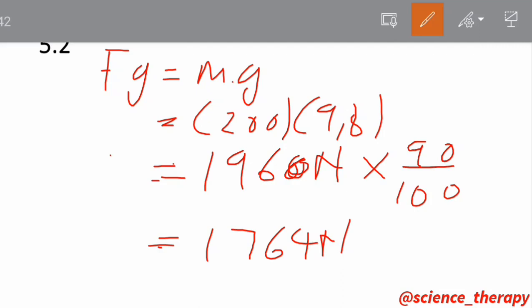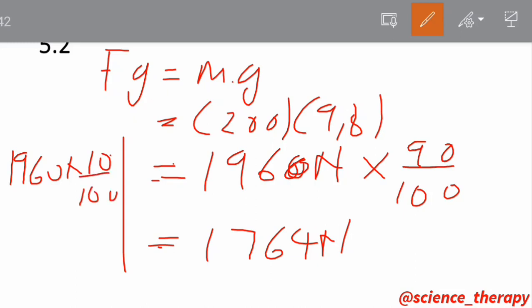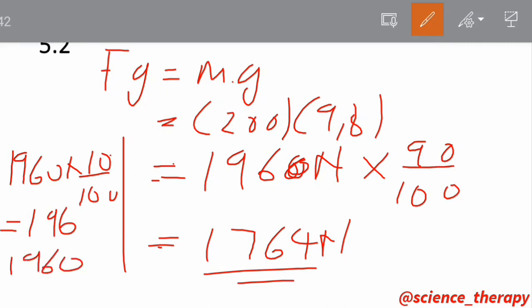Again, there is another way which you could have done that. You can just say 1960 multiplied by 10 over 100 just to find 10% of that. If you find 10% of this, that's 196. Then to get to this one, you'd have to say 1960 minus 196, right?